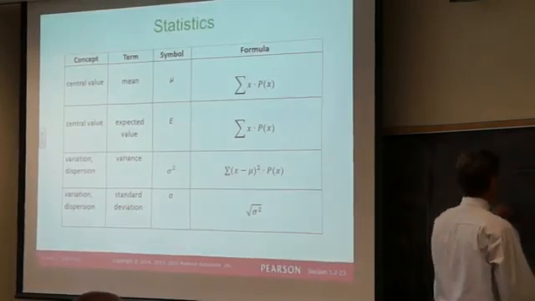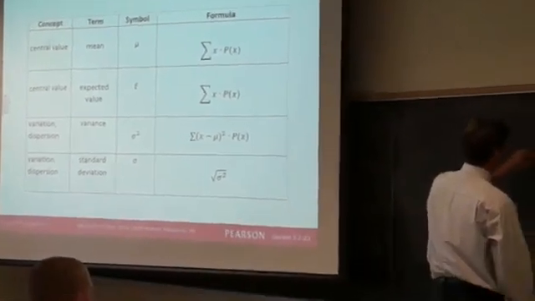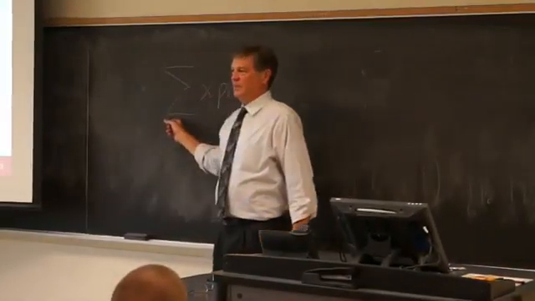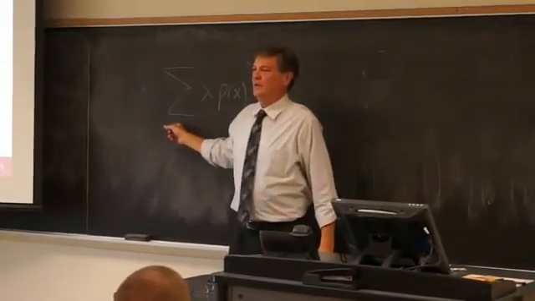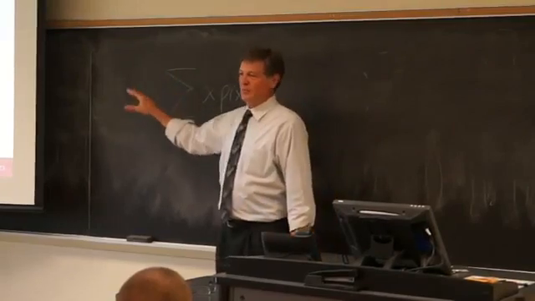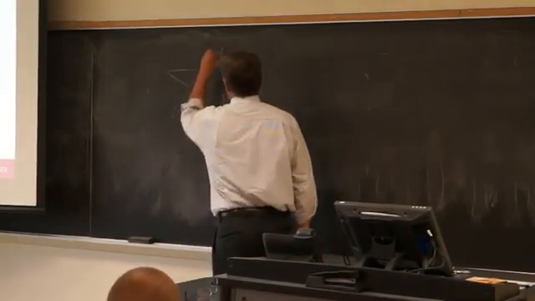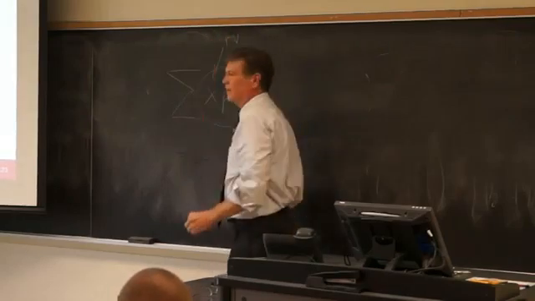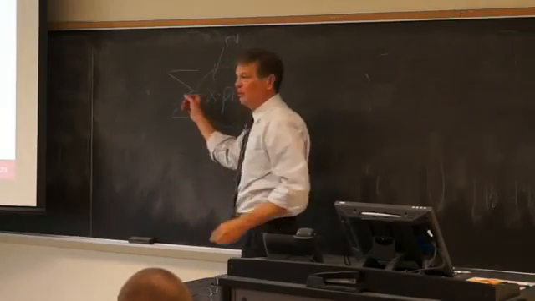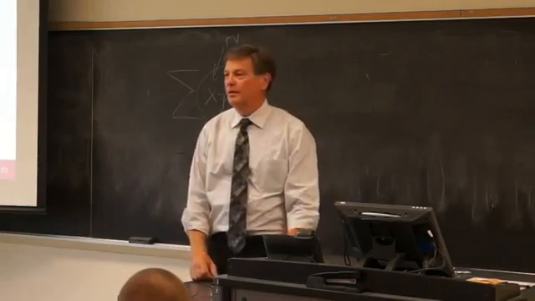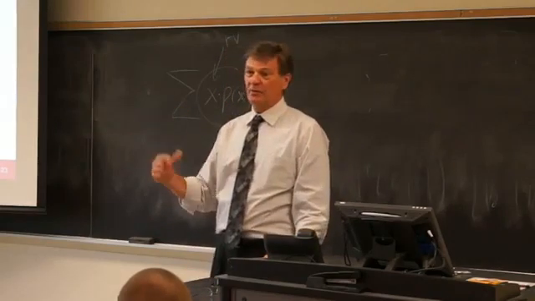Let's look at this a little bit. What does that Greek letter, capital sigma, mean? Add this stuff up. What am I adding up? Well, x is my random variable, and I'm multiplying it times the probability that I would get that value of the random variable.